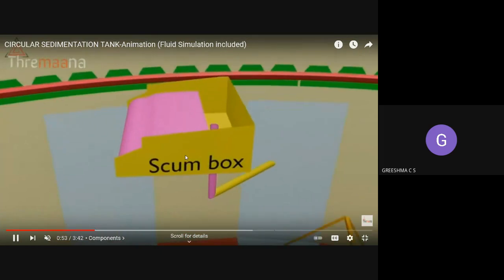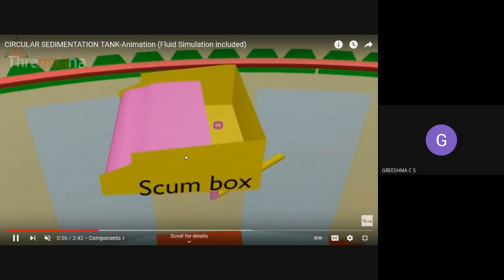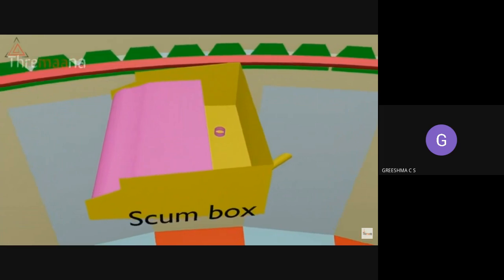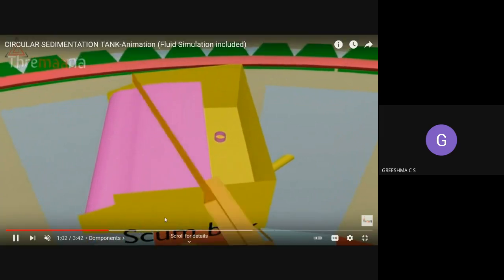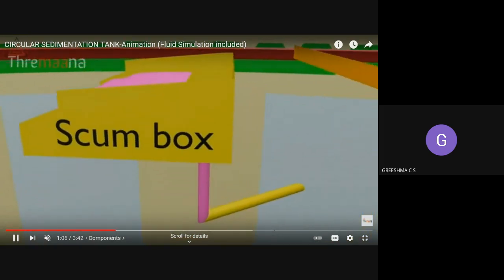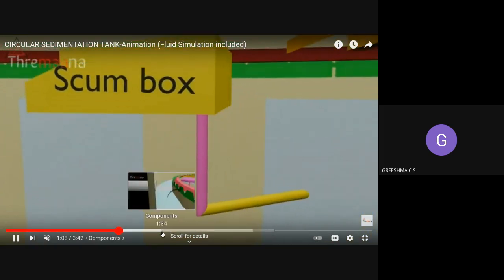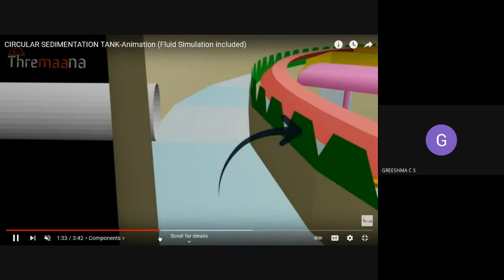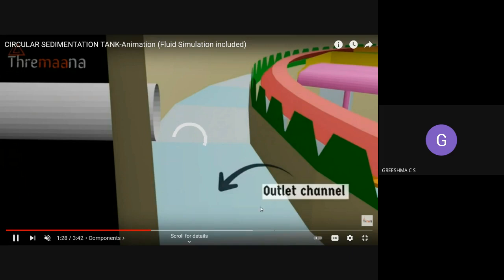This is a scum box. Yesterday I told you about scum removal. The scum box will be at one corner. This is the scum removal pipe, you can see.